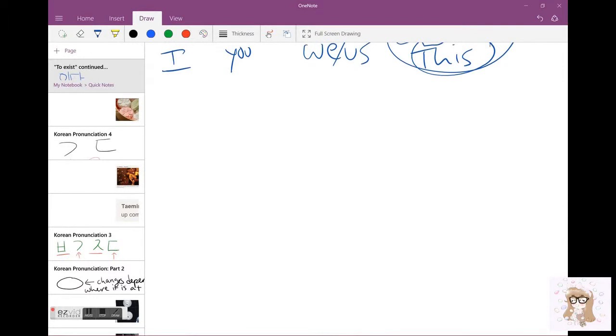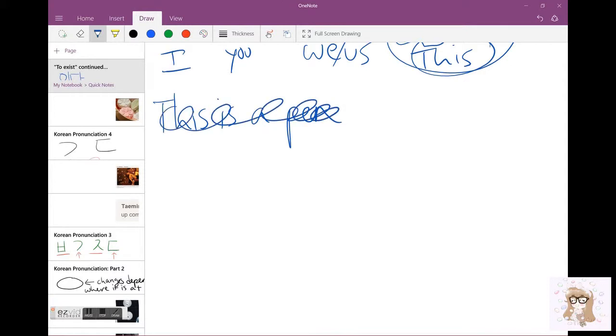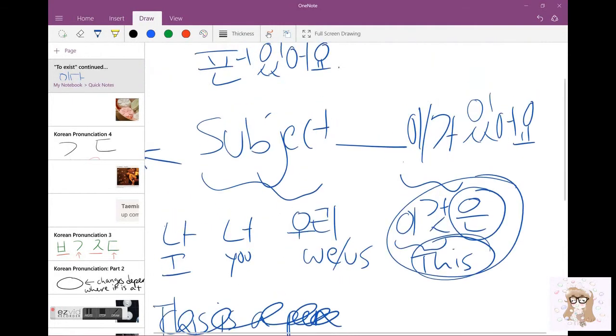Okay, so let's say I want to say these sentences. This is a pen. Or to have a pen, I mean. Oh yeah, okay, I was right. Basically, this structure is not only for isayo, it's also for anida.